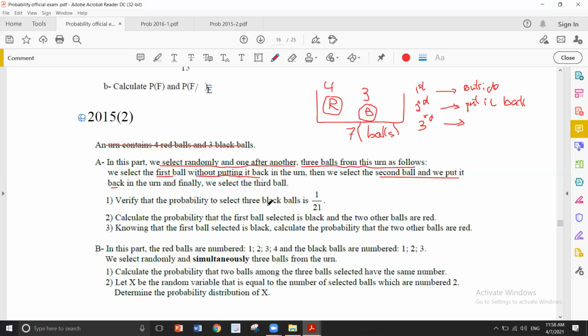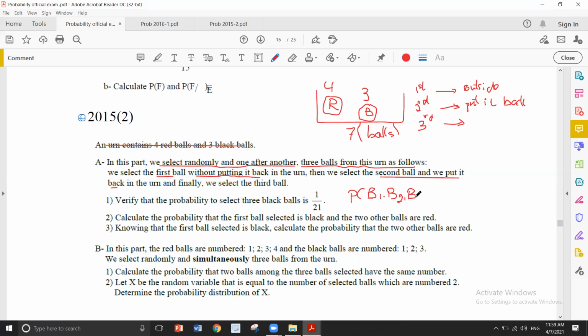Verify that the probability to select 3 black balls is 1 over 21. The first is black, the second is black, the third is black.